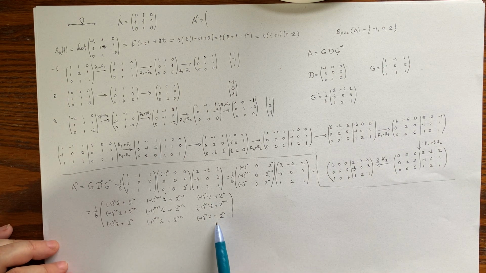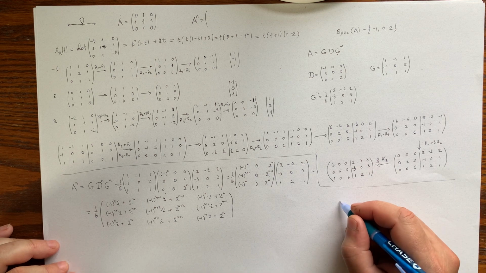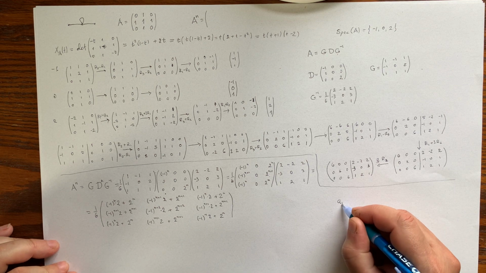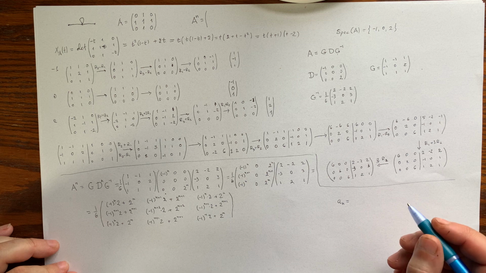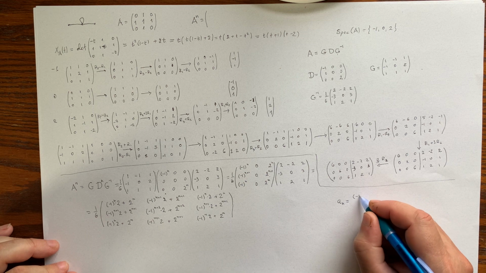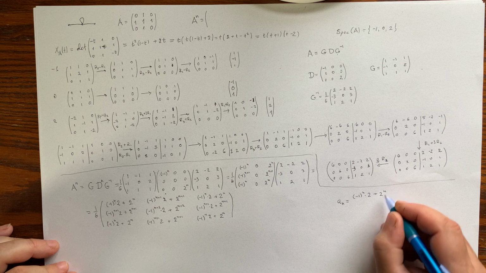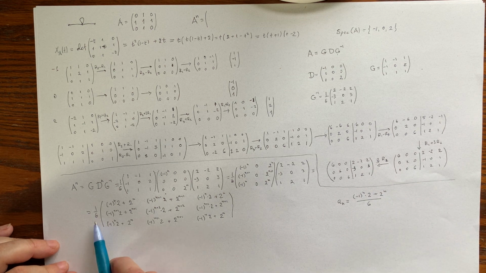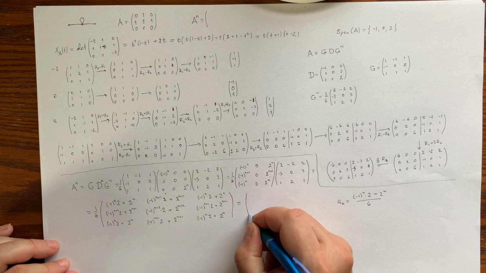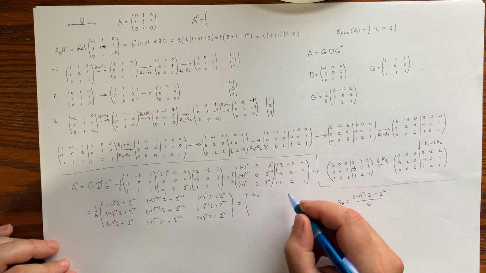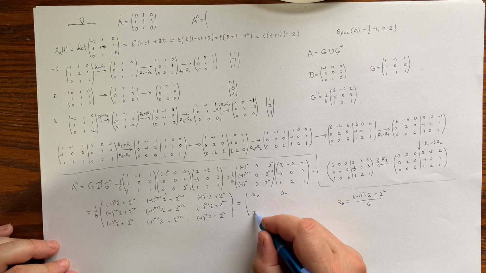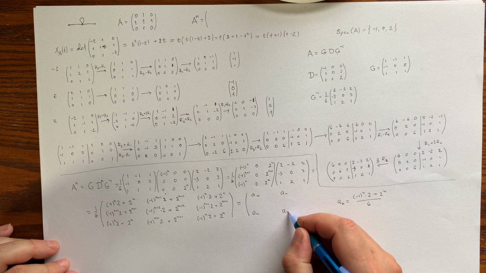So there's a certain pattern in the matrix which we can uncover by introducing a new quantity. Let's call a_n -1 to the power n twice plus 2 to the n over 6. So just absorbing this prefactor. And then we have a_n here, we have a_n here in the corners.